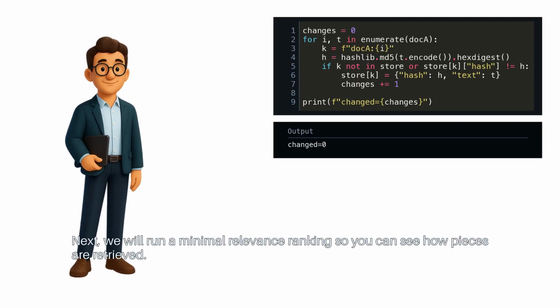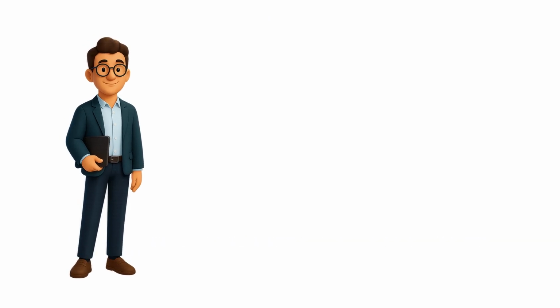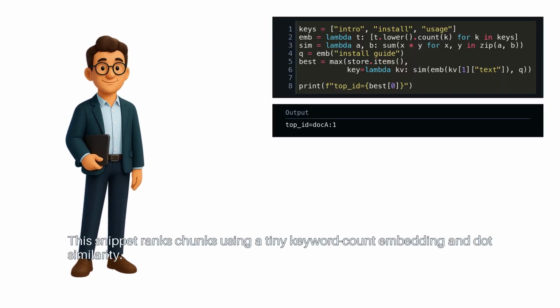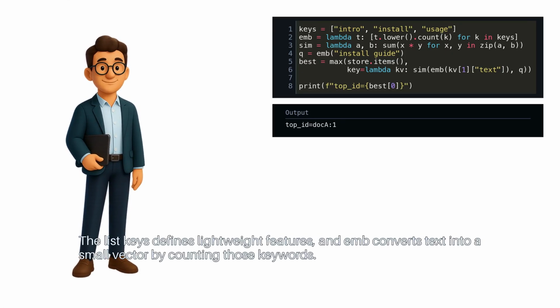Next, we will run a minimal relevance ranking so you can see how pieces are retrieved. This snippet ranks chunks using a tiny keyword count embedding and dot similarity. The list keys defines lightweight features, and M converts text into a small vector by counting those keywords.